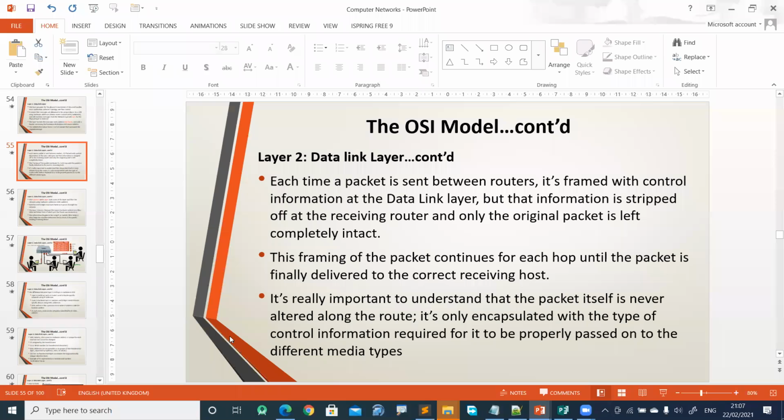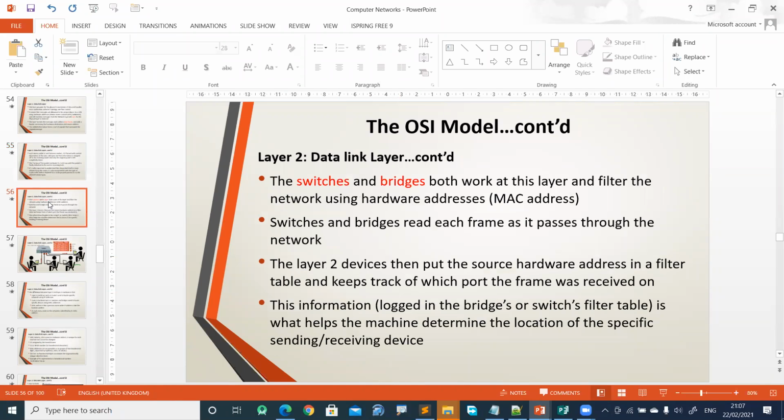I think I've already explained all this information, which you can read. Now let's look at the devices that are found at layer 2. Layer 2 devices are switches and bridges.